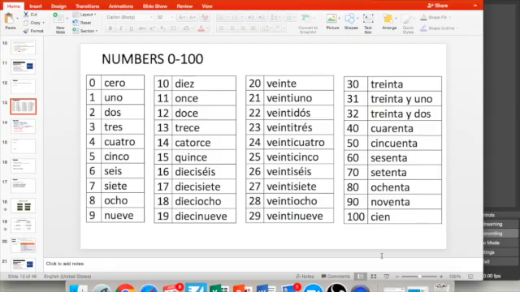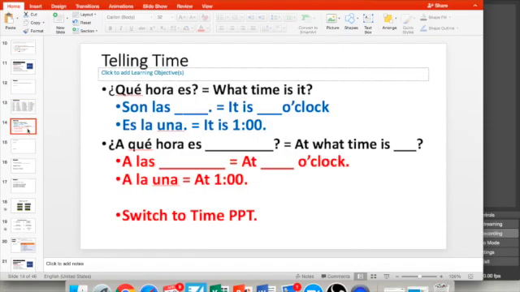Okay, so as we look at time in Spanish, this is where things get a little tricky. If you want to say that it is a certain time, you have two options, which you can see here in blue. If it is 1 o'clock, we're going to say es la una. It is 1 o'clock. If it's any time other than 1 o'clock, we're going to use son las and then the time.